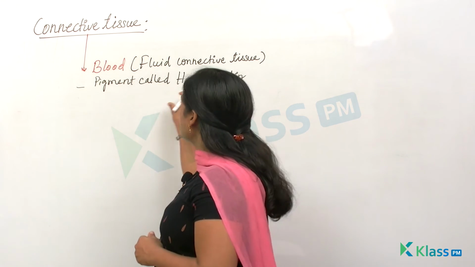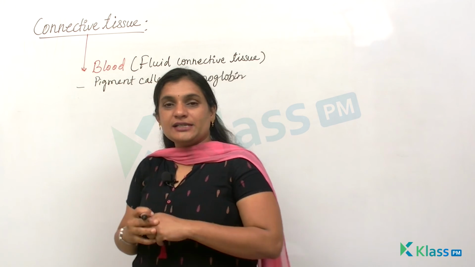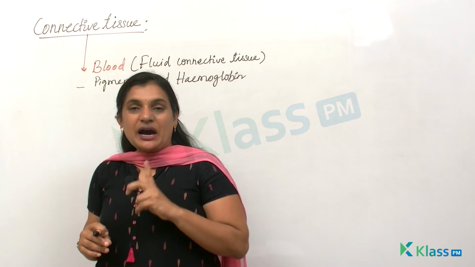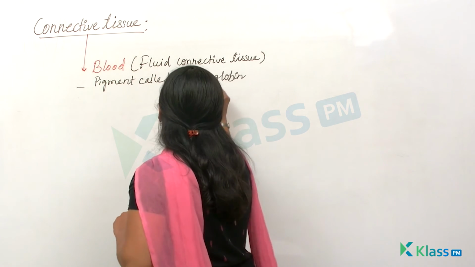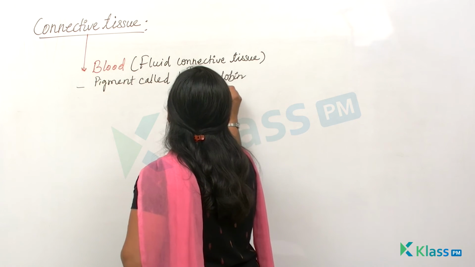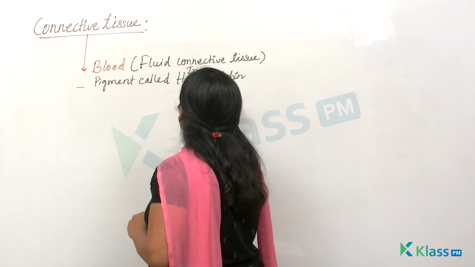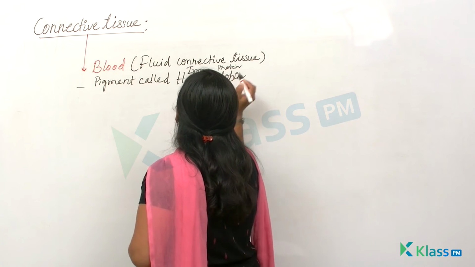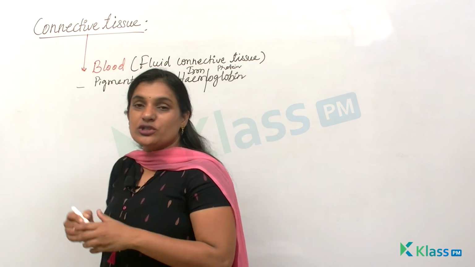You know what is this hemoglobin made up of? Yes, I'll tell you. Hemoglobin is made up of two things, iron and protein. Heme in the sense iron, and globin is nothing but there is a protein called globulin, and that protein will help in the formation of hemoglobin.